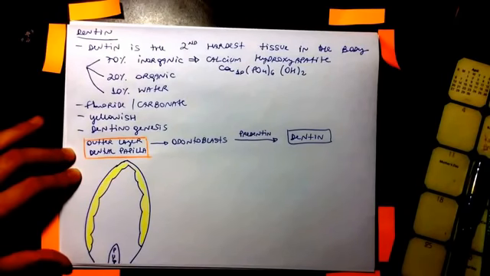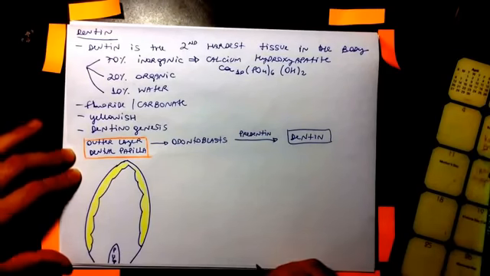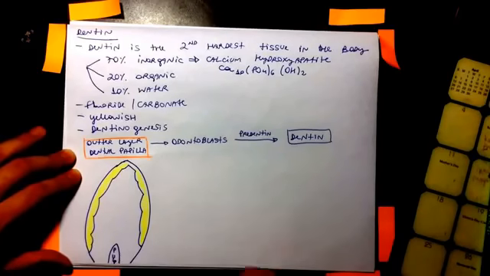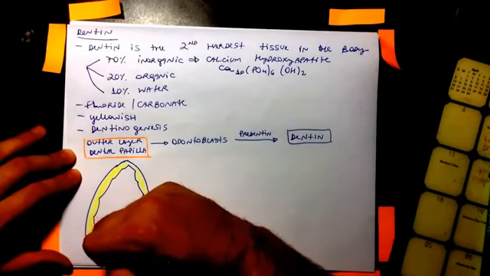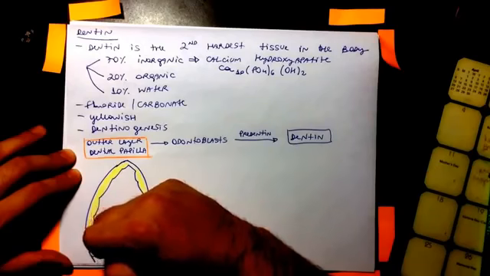So the main characteristic of dentin is that it is a bunch of microtubules. Okay, so the microtubules are gonna be like this.